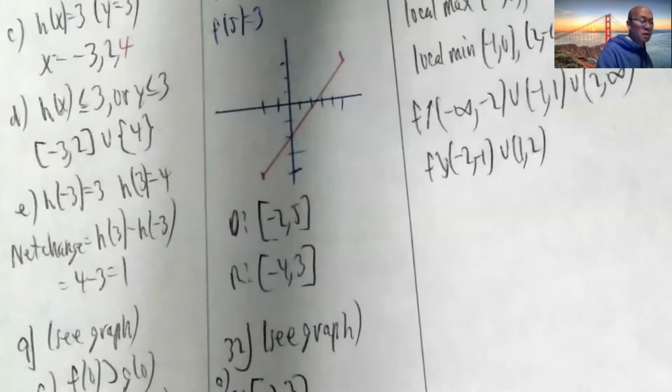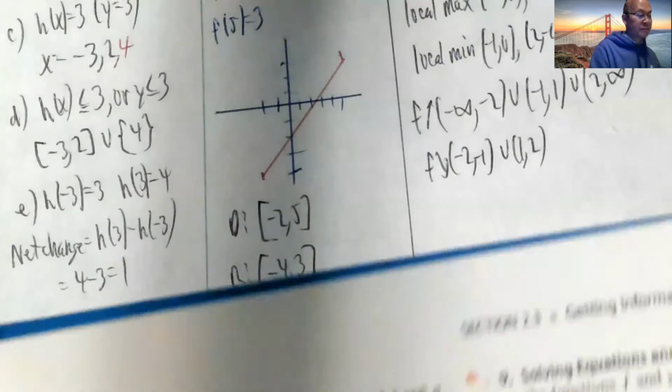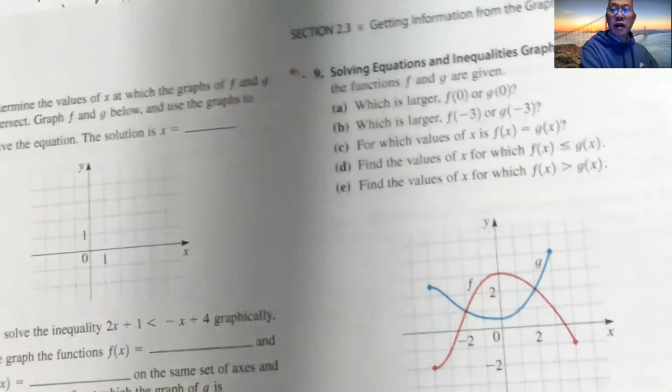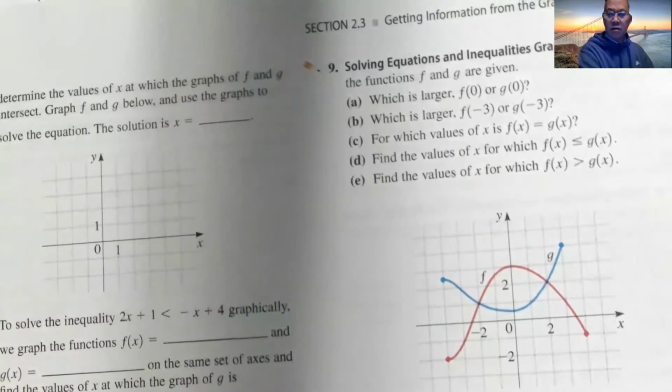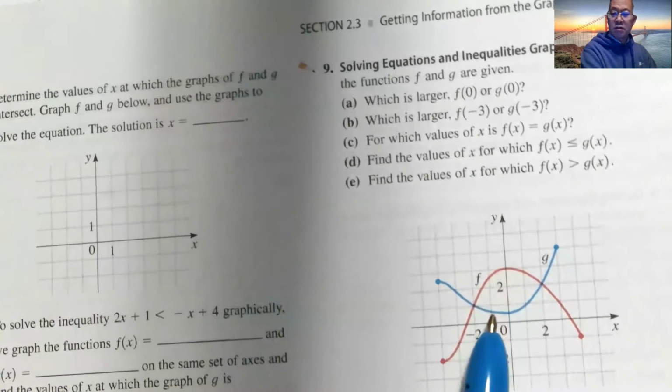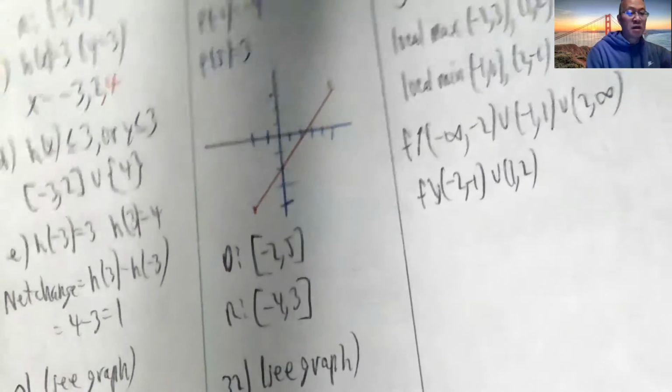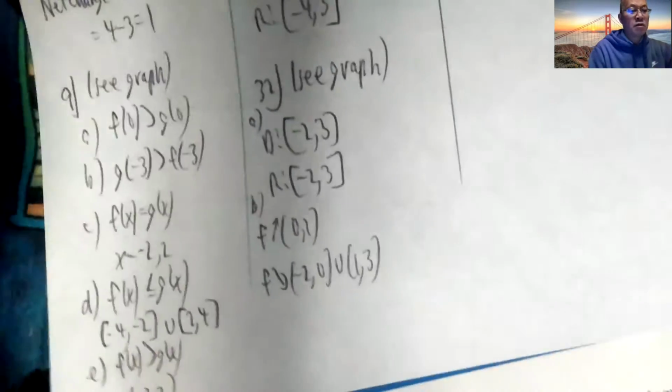Problem 9. Which is larger, f of 0 or g of 0? F of 0, g of 0, so f of 0 is larger, part A. This is going to be quite awkward.